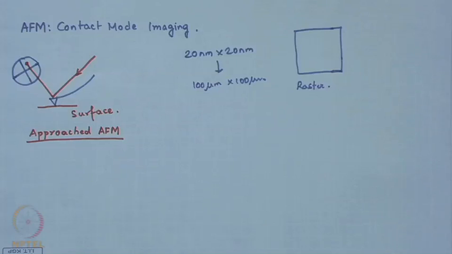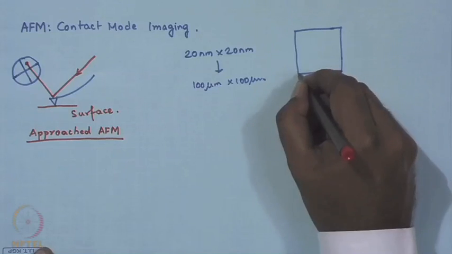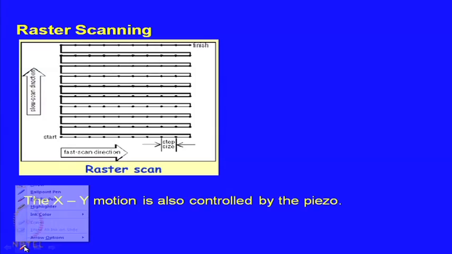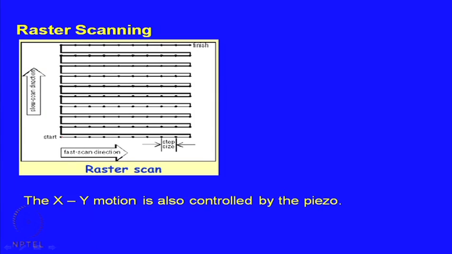This raster scanning is essentially the tip travels from one point to the other, every point to point it travels. So, this starts from here, let us say, moves on to the next point, next, and then again it comes back in this direction, comes back all the way back to here, then again moves to the next location and goes like this.